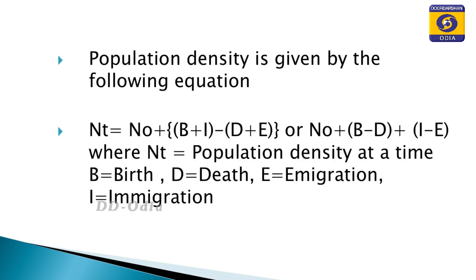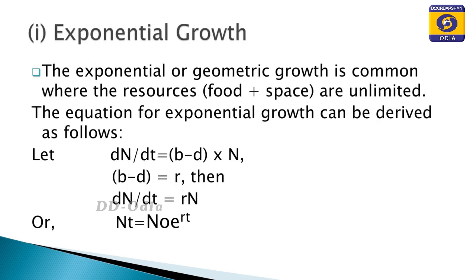Now, population density is regulated by the factors of immigration, natality and mortality. So, when we come to the exponential growth condition, where the growth is on a geometrical scale, we shall see the resources, that is the food as well as the space, are unlimited, and nutrients are unlimited.